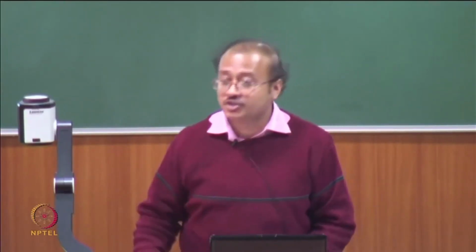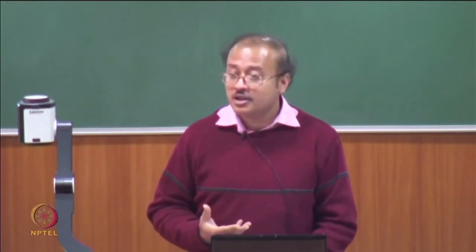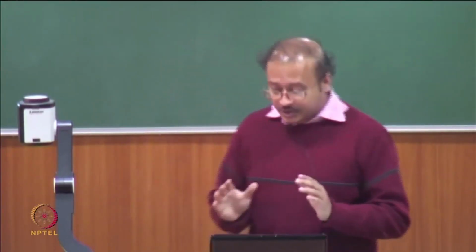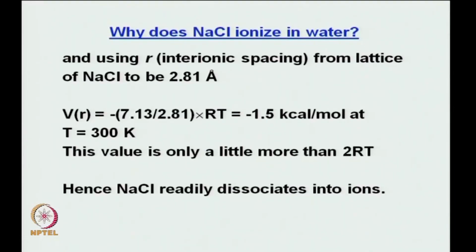That is the significance of this germ length, and that is why this parameter makes so much sense. Now you can understand why. So, this is another way of looking at how species or salts dissociate in water.